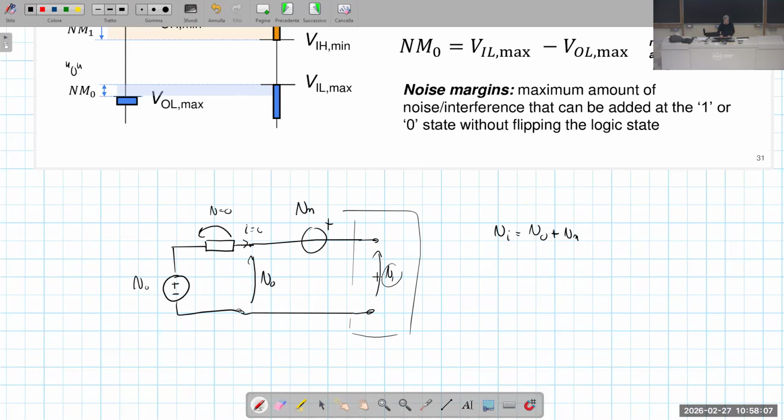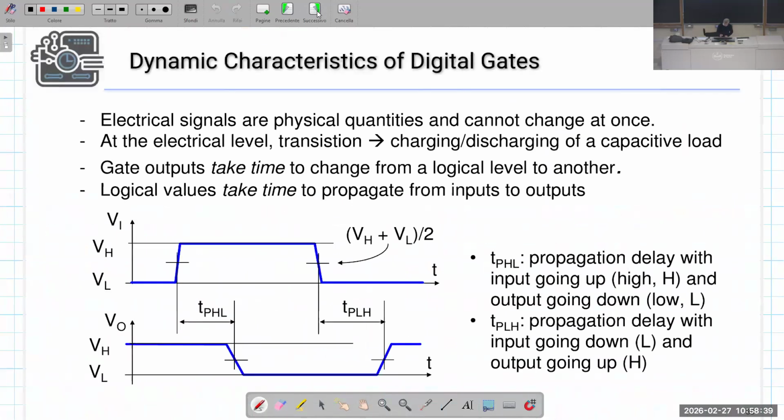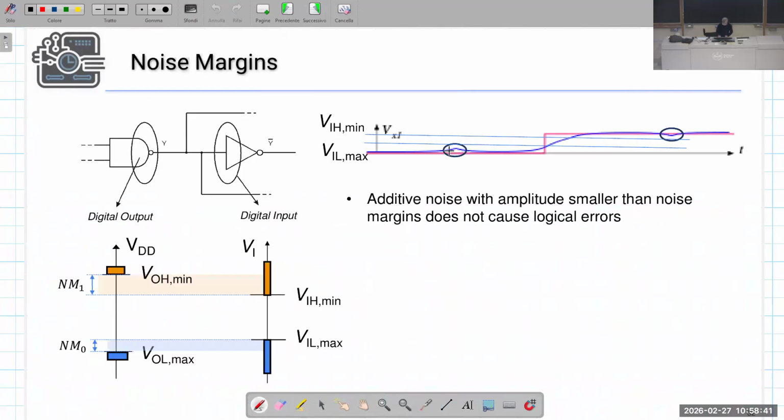This is Kirchhoff voltage law, no? The input voltage of the gate is equal to the output voltage of the first gate here, plus this noise, this voltage source here models and describes the noise which is added on the line. Even in this case, when we are at the high level, this is VOH plus V noise. Maybe it's even better to show the waveform.